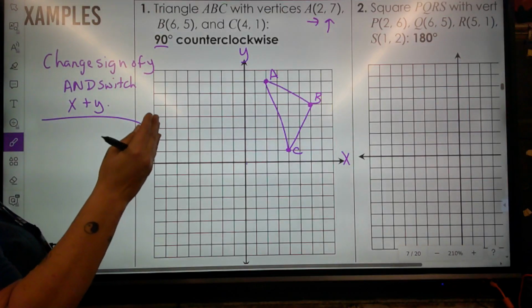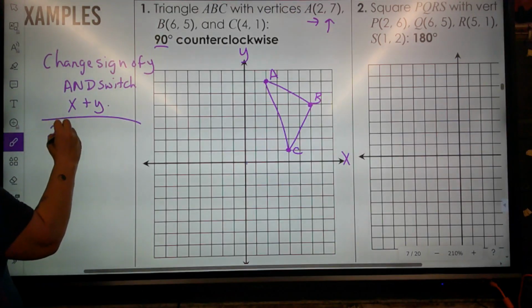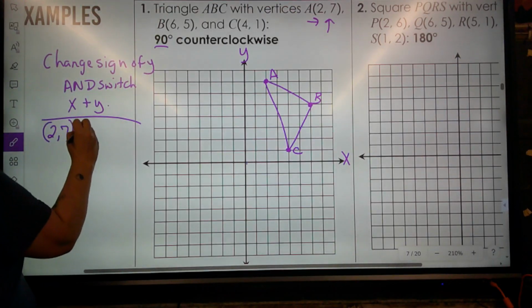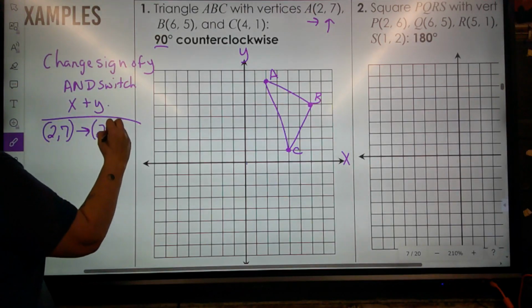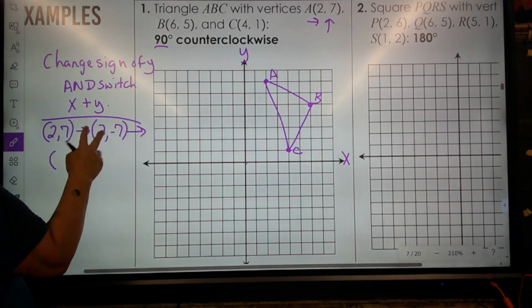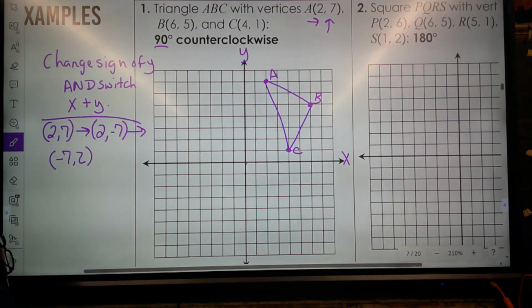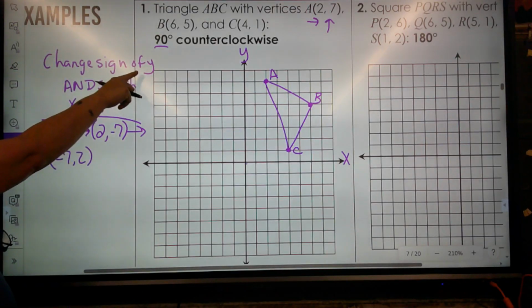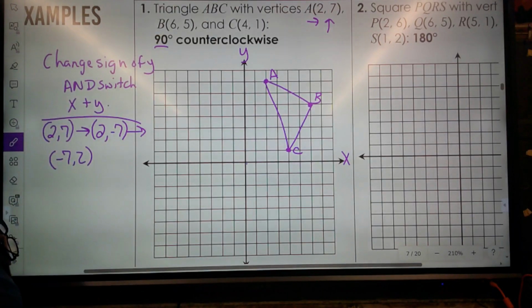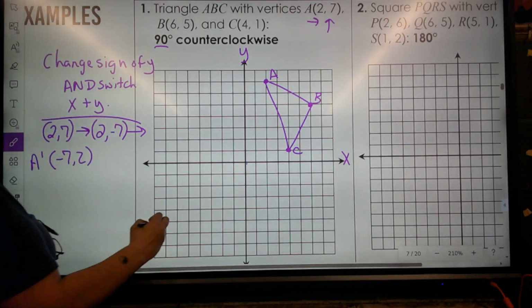So it'll be negative 7, 2, right? So it went from 2, 7 to 2, negative 7, because we changed the sign of the y, and then after we switch them, negative 7, 2. Do them in this order. Change the sign of the y, and then switch x and y. Right? So A prime is negative 7, 2.